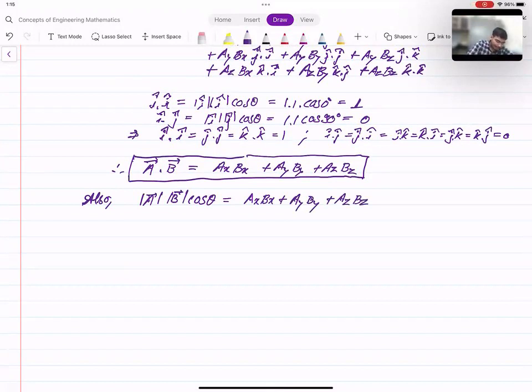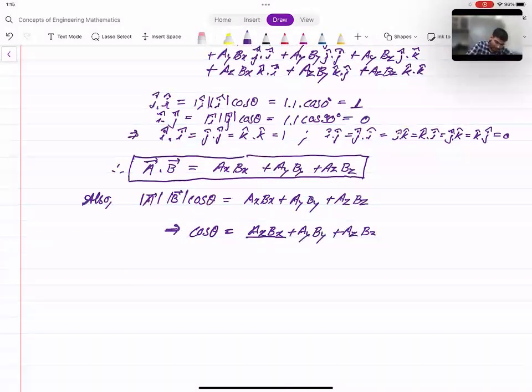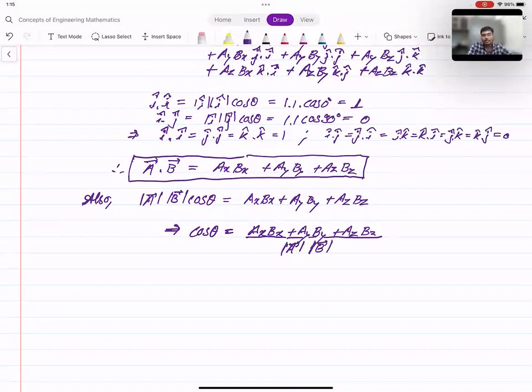Okay, and if we bring this magnitude to the right hand side, then cos theta is ax bx plus ay by plus az bz over magnitude of vector A and magnitude of vector B. So if we are given two vectors, we can find the angle between them.